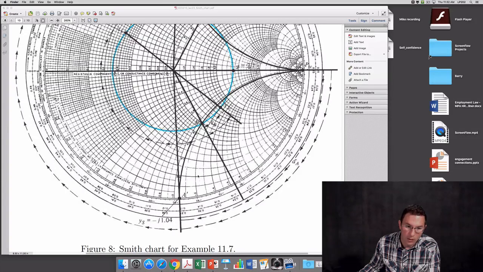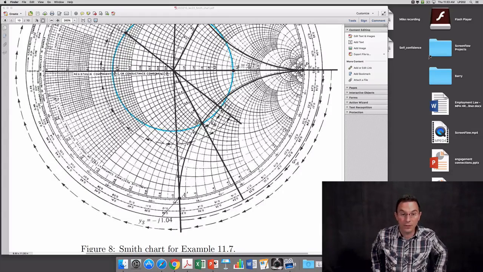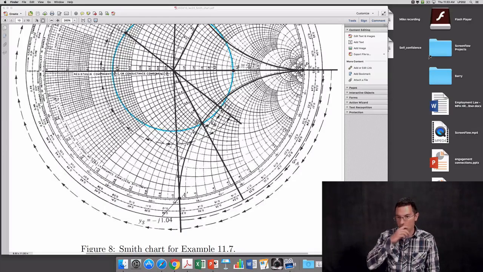That's the one that we want. So where this minus 1.2 admittance circle intersects with the R equals 1.6 resistance circle, bam, that's the point where we start on the Smith chart right there. Okay, all right, now what do we do?